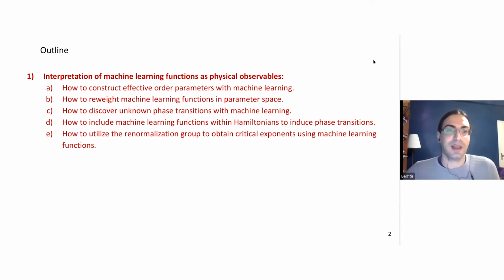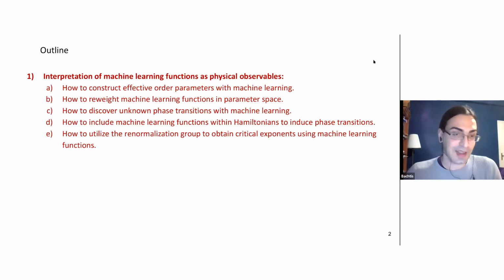On that part, I want to answer the questions how to construct effective order parameters with machine learning, how to reweight machine learning functions in a system's parameter space, how to discover unknown phase transitions by using machine learning, also how to include machine learning functions within Hamiltonians to induce phase transitions in systems, and how to utilize the renormalization group to obtain critical exponents using machine learning functions.